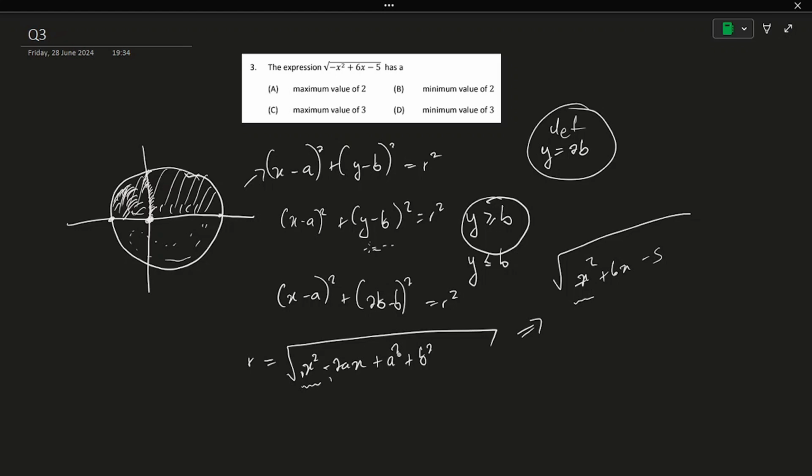And this part of negative 2a and x is represented by 6 and x. And these are constants because they don't have the x attached to them, which means they are all represented by this negative 5. So this is a resemblance of an equation of a semicircle.